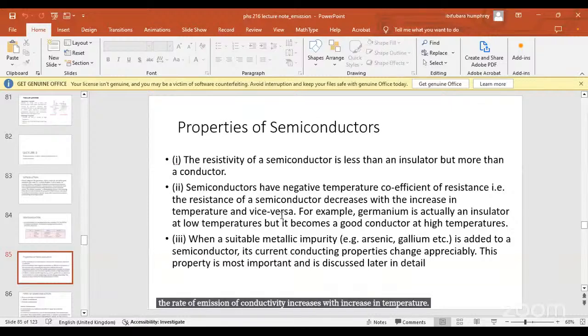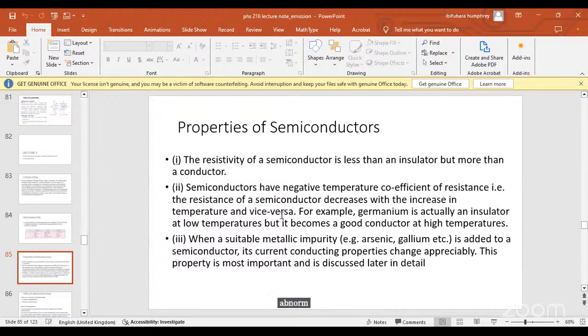A semiconductor will increase up to a certain level. After room temperature, it will begin to behave abnormally. So that is why it has a negative temperature coefficient of resistance.